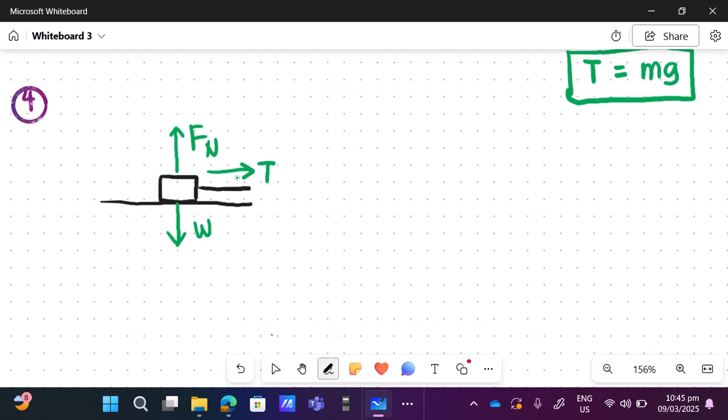Ideally there should be friction, because in real life friction actually exists. But since it is frictionless, we know that the net force along the horizontal axis is simply equal to the force due to tension.